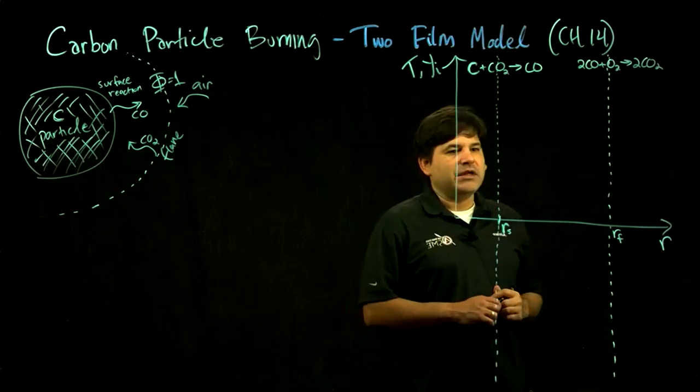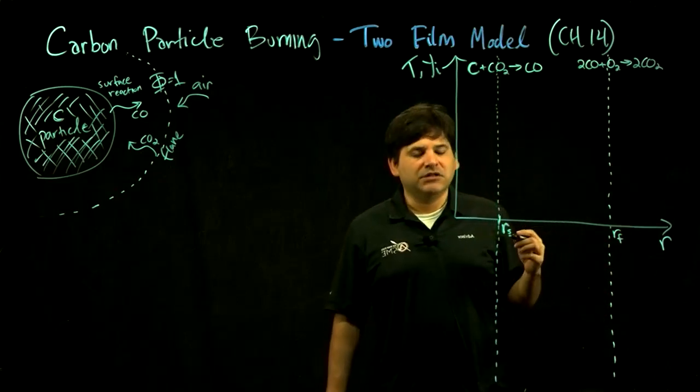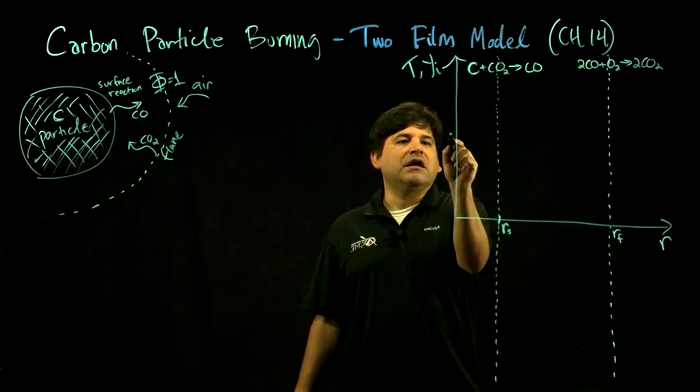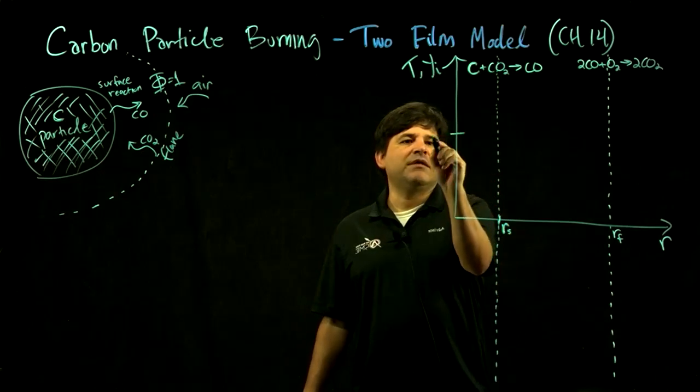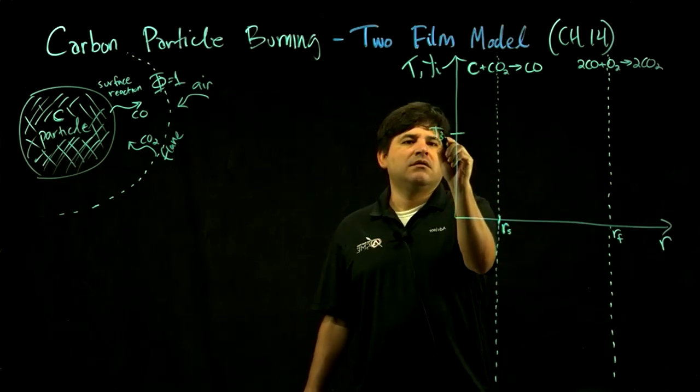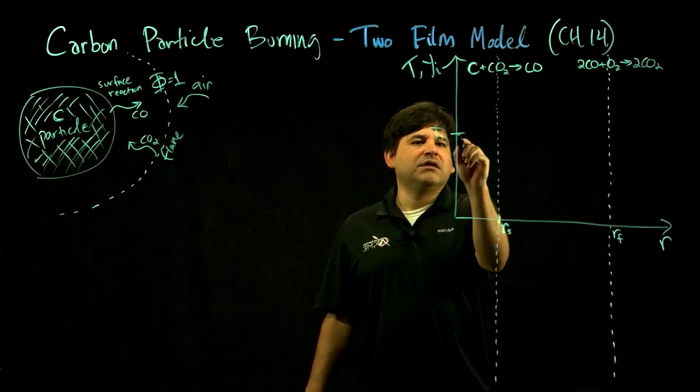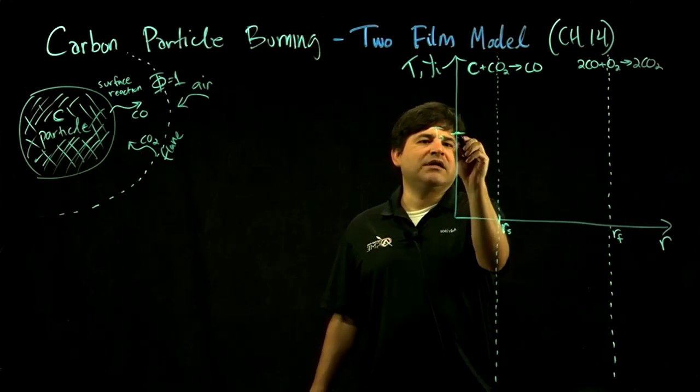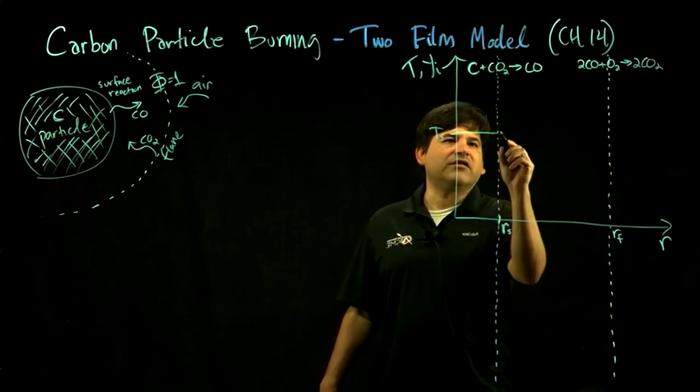So that's what's happening. And a typical profile looks like this: if this was the surface, the temperature of the surface, we'll simplify it to be some constant temperature inside the surface.